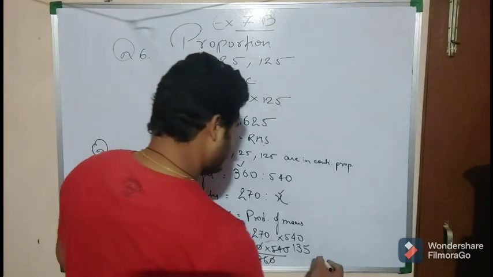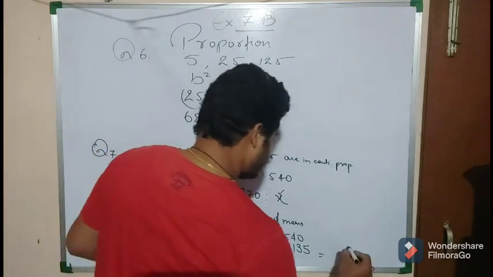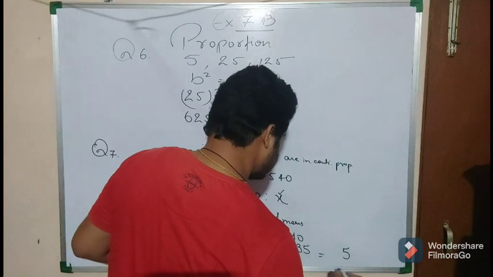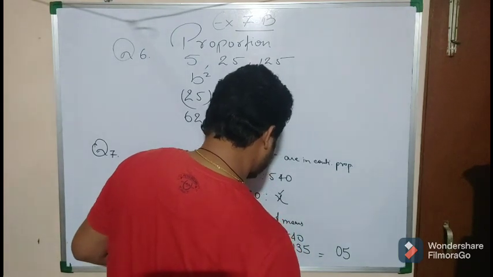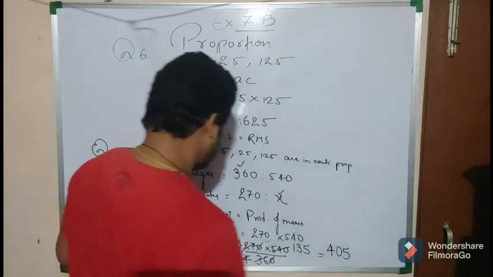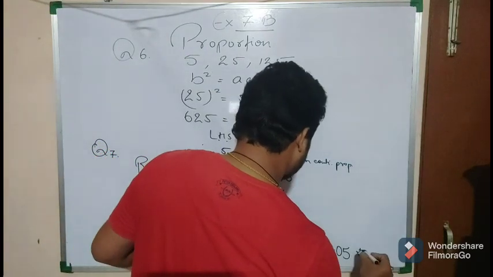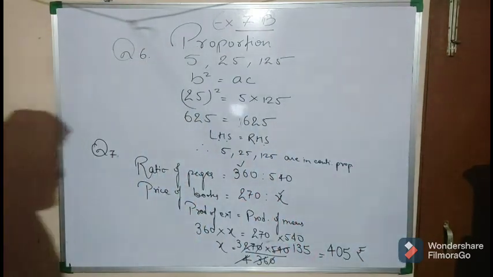So 135 into 3: 5 3s are 15, 1 carry, 3 3s are 9, 1 10, 0, 1 carry, 3 1s are 3 and 1 is 4. So the new price is 405 rupees.